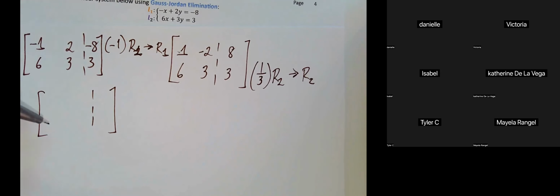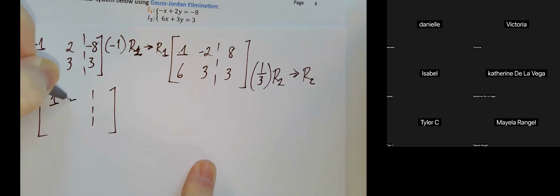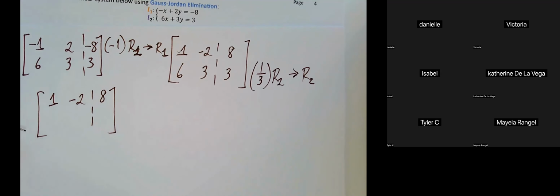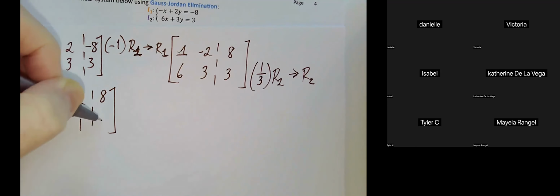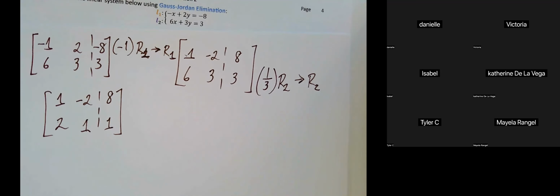It's not going to change the solution, but it'll make the numbers smaller. So we have 1, -2, 8. And what is our new row 2? 2, 1, 1. Excellent. All right, now what?